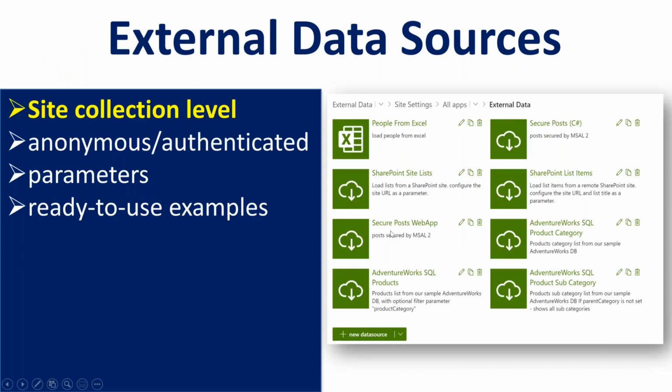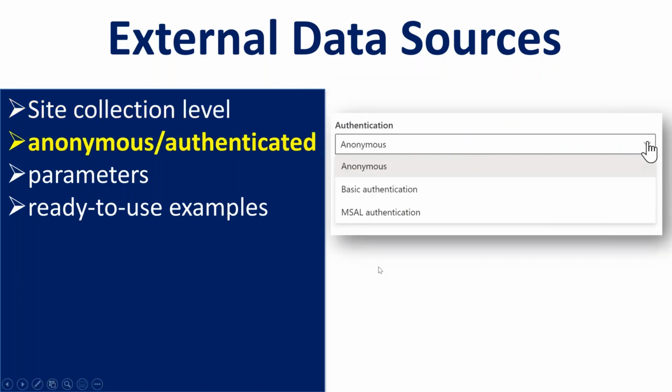A few words about the concept behind this external data source. External data sources are created at the site collection level. You can also create them at the tenant level if you want to share them across your entire tenant. Of course, they support both anonymous and authenticated access, such as MSAL authentication, because if you want to connect, for example, to your Azure SQL server, you'd require MSAL authentication.